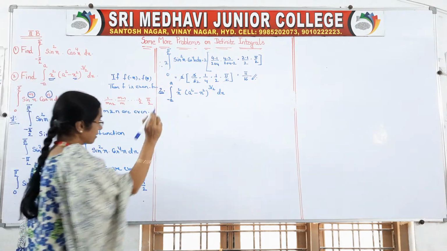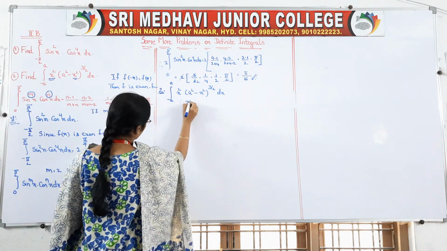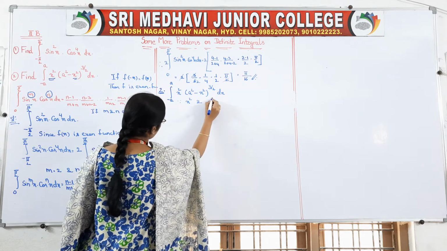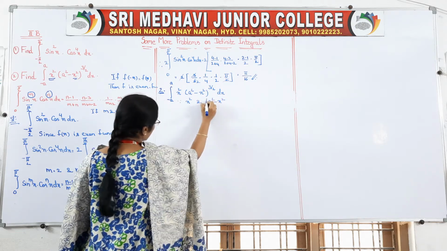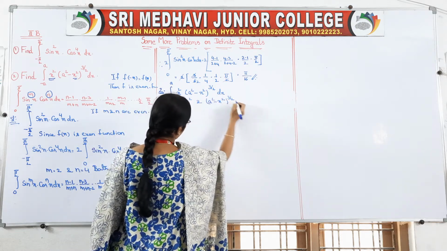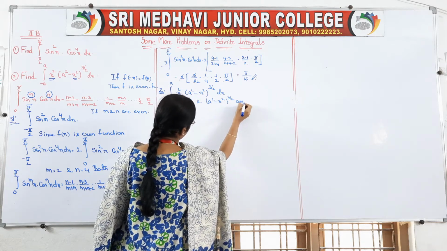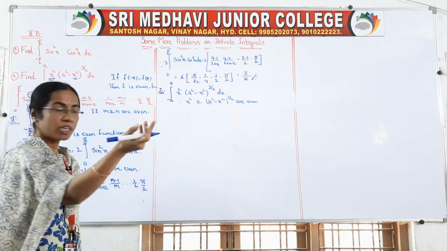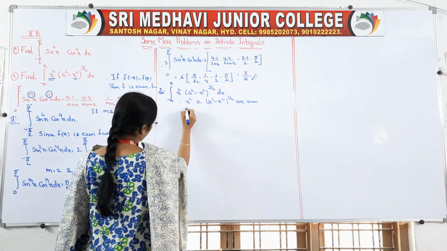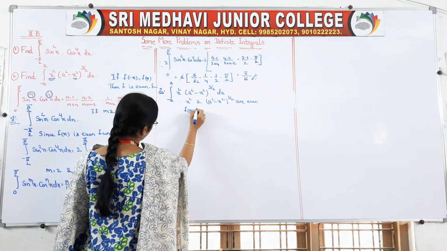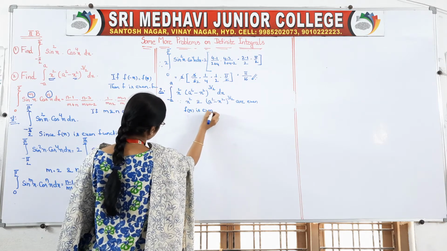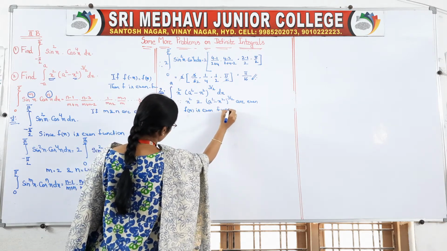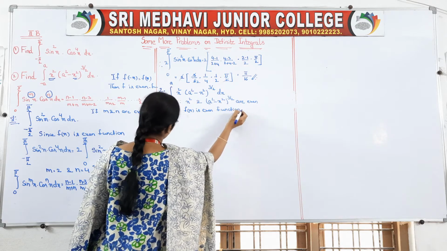Okay, since x square and a square minus x square to the power of 3 by 2 are both even, isn't it? The entire function is even. Therefore f of x is an even function. It is the product of those two, no? So it is an even function.